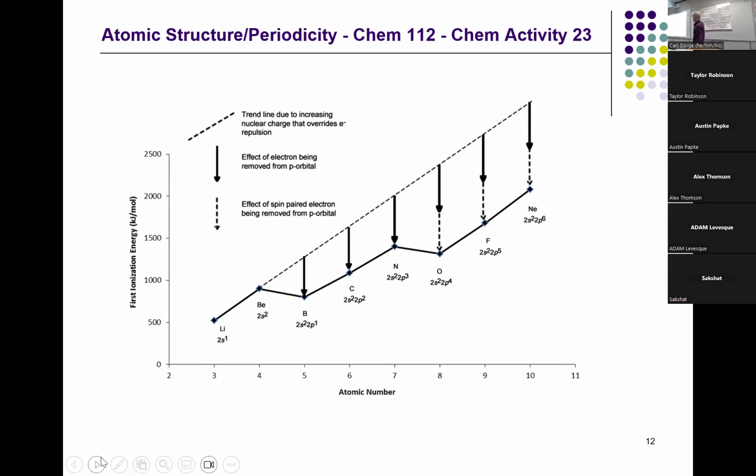Across the periodic table, of course, the nuclear charge is increasing. And if it were possible that all the electrons could be jammed into the s orbitals, which it's not, just imagine for a minute we could. Across the periodic table, the nuclear charge gets greater and greater.